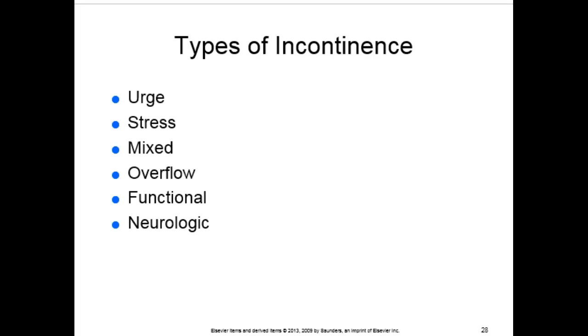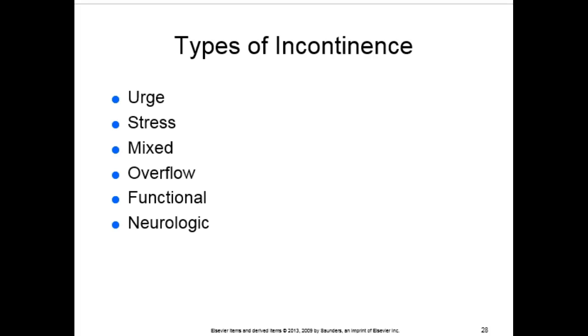Overflow incontinence occurs when there's a poor contractility of the detrusor muscle on the bladder, or an obstruction in the urethra, such as a prostate enlargement in males, or a genital prolapse in the female. Functional incontinence is caused by cognitive inability to recognize the urge to urinate, or a self-care deficit caused by extreme depression.